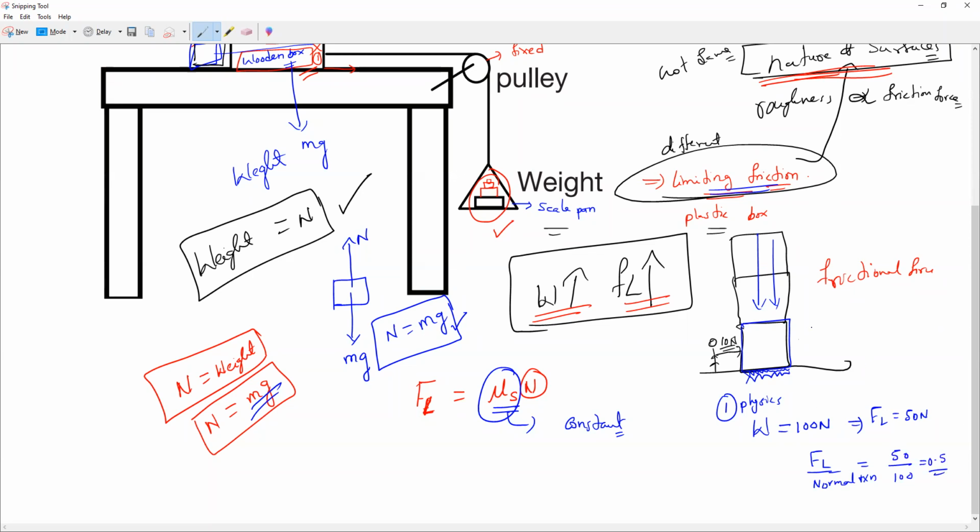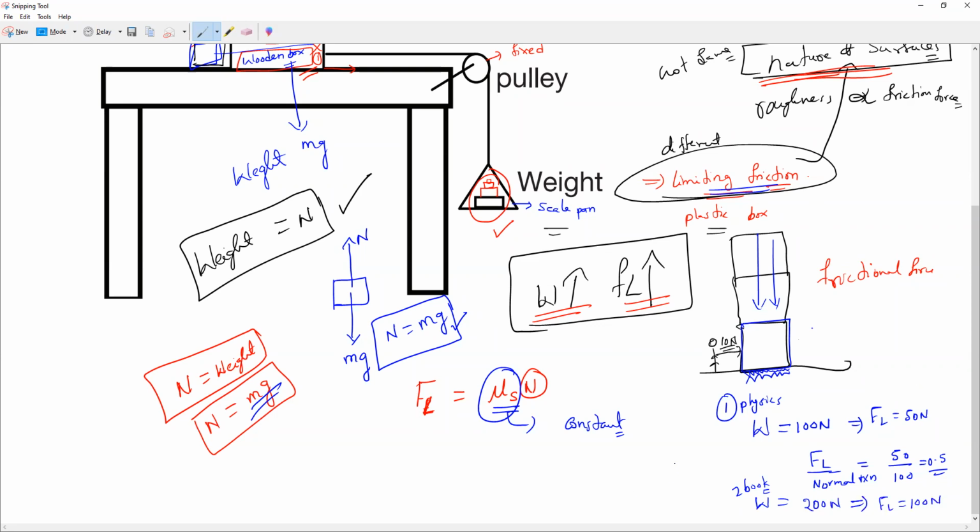Now observe, if I double the weight, two physics books, the weight becomes 2 times 100, which is 200 newtons. Then limiting friction also increases to 100 newtons.